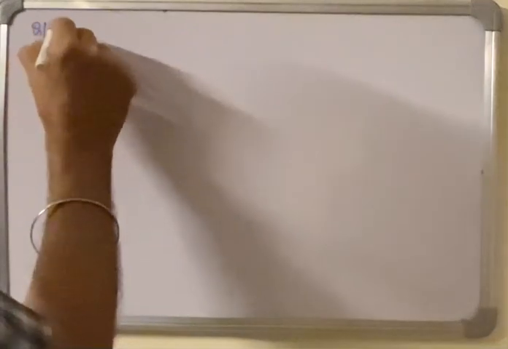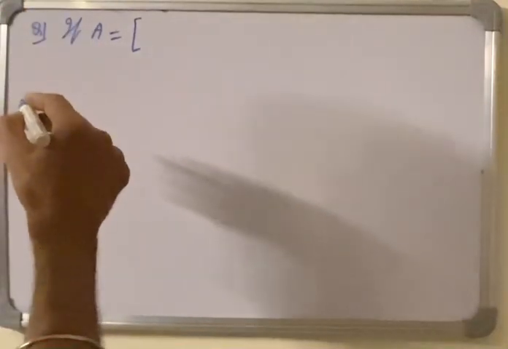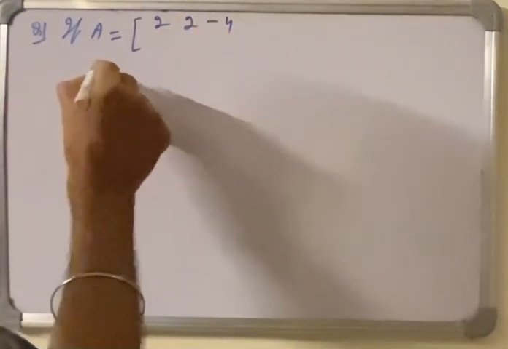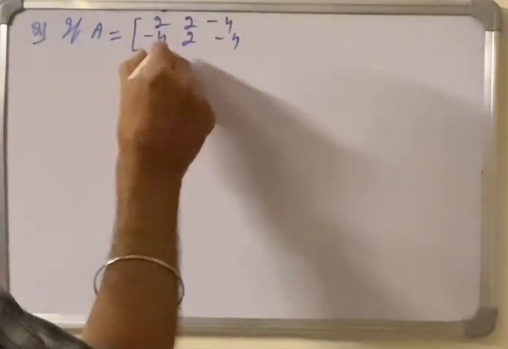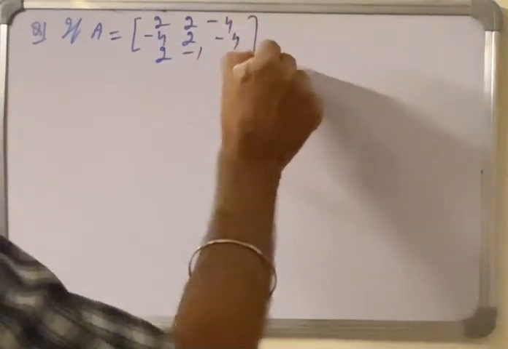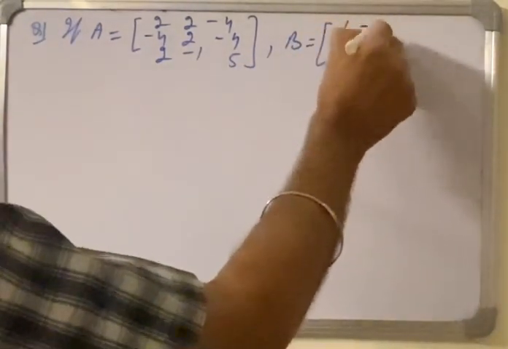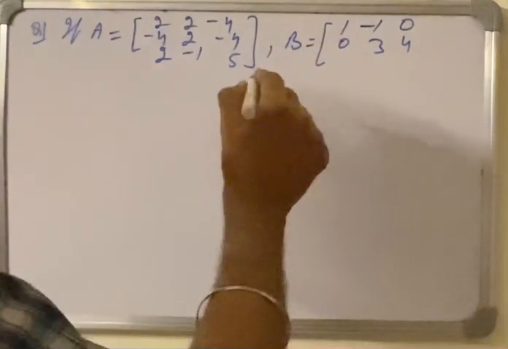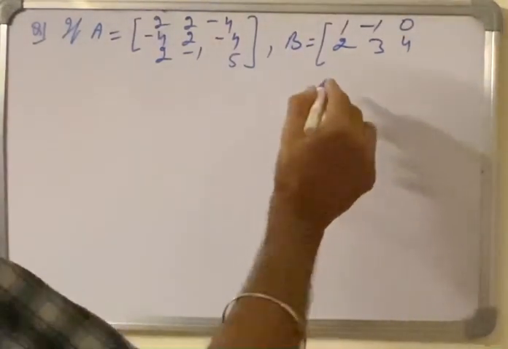First question: if matrix A is equal to [2, 2, -4; -4, 2, -4; 2, -1, 5], matrix B is equal to [1, -1, 0; 2, 3, 4; 0, 1, 2].